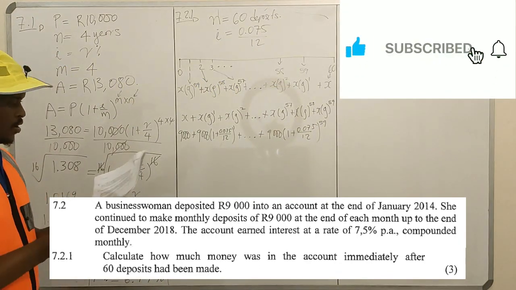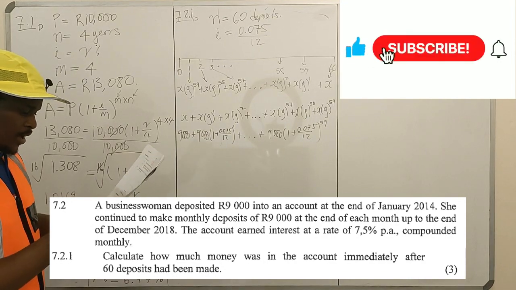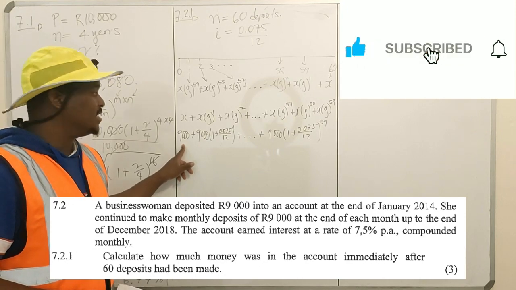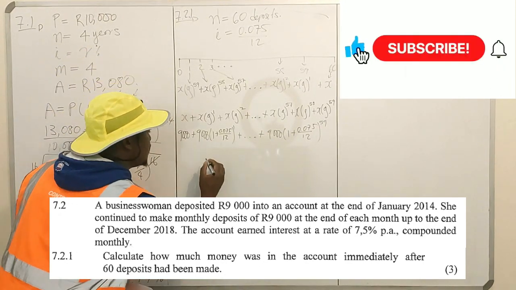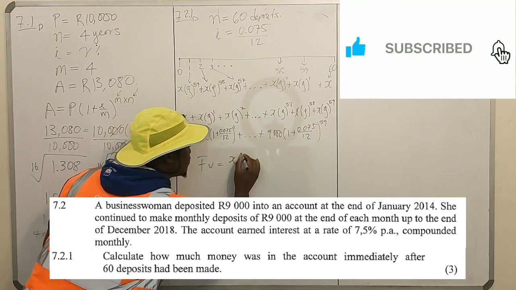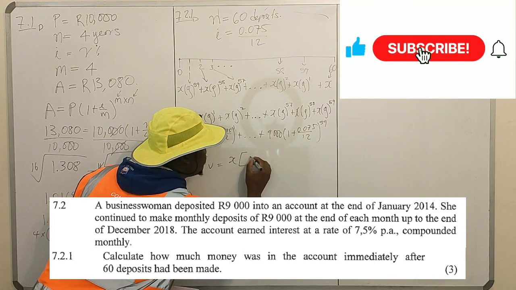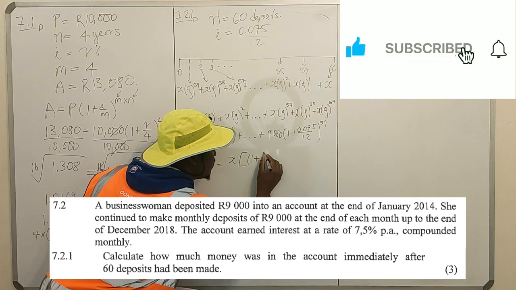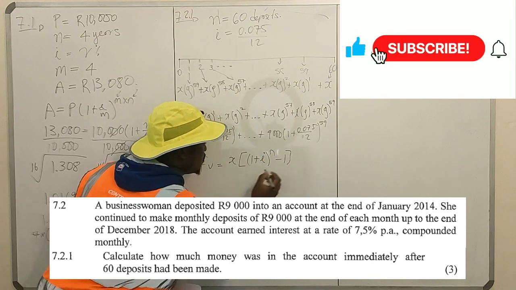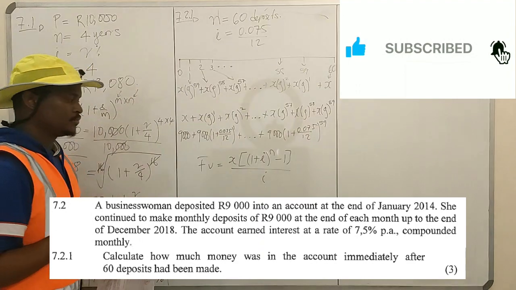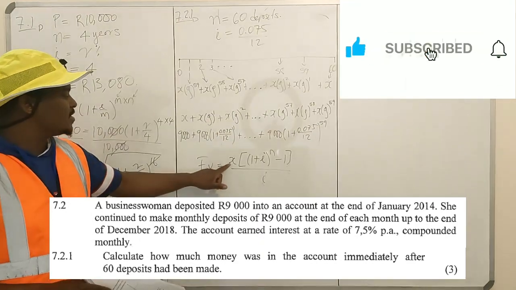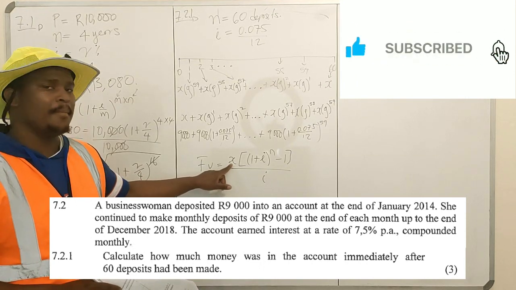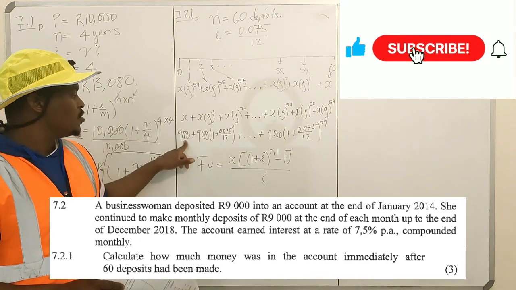So if you're looking at this, you will discover that this is the future value annuity, right? So you can easily say, okay, future value is equal to X into 1 plus i raised to the number of payments minus 1, all over i. Right? Your X here is your installment amount, the amount that you are paying monthly, which is your 9,000.